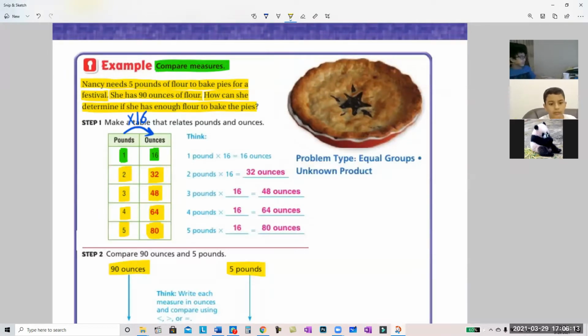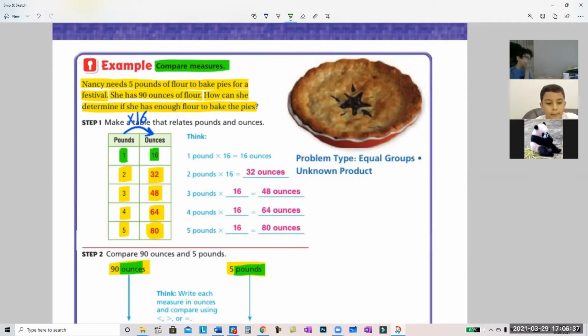No. So you have to write it with the same unit. And as we studied before, you have to keep the smaller unit. Where is the smaller unit here? Ounces or pounds? Yes, ounces. Ounces is the smaller unit.